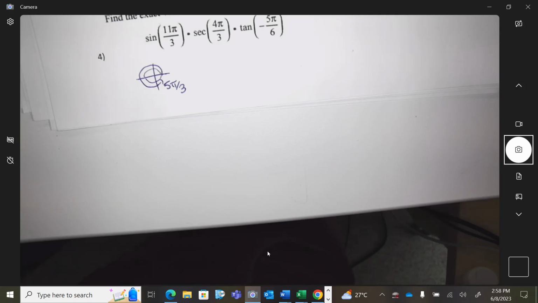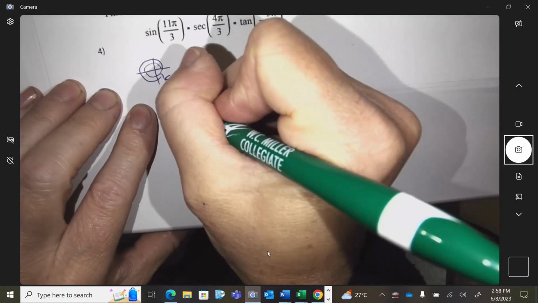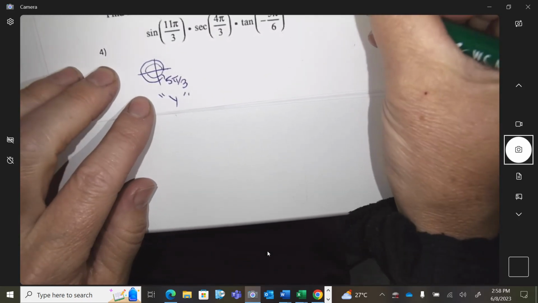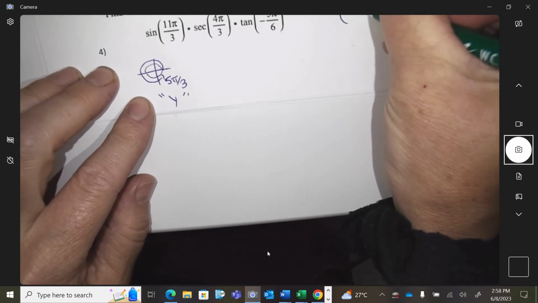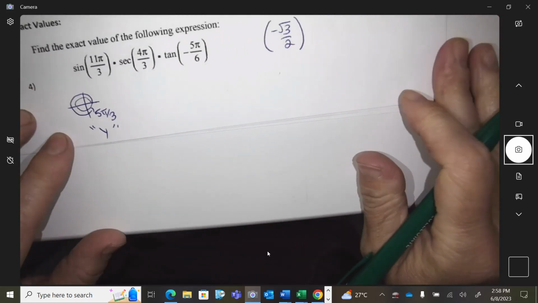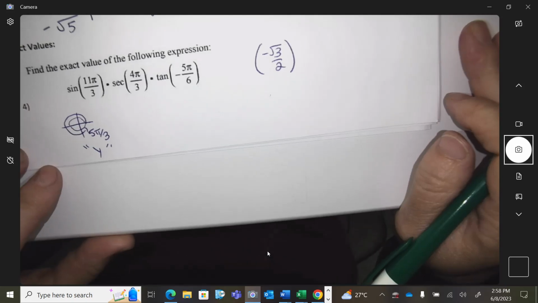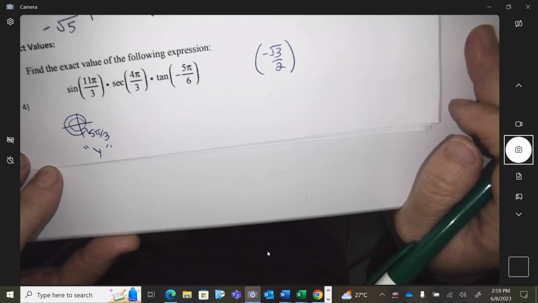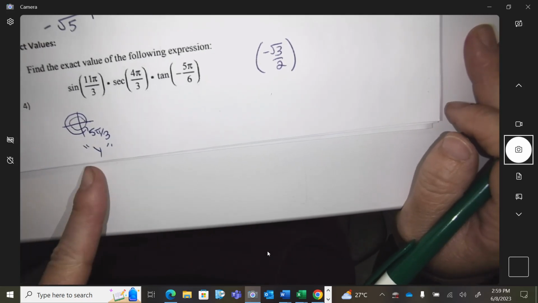It's irrelevant to us. So I want the Y value then. Just the Y. That's it. So look, get me the Y. Negative root 3 over 2. The Y value. When I look there, what is the Y value?